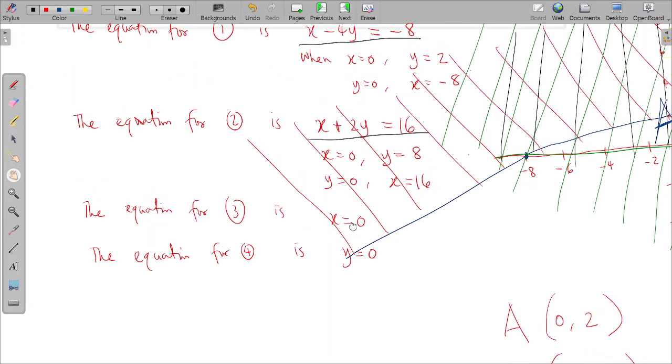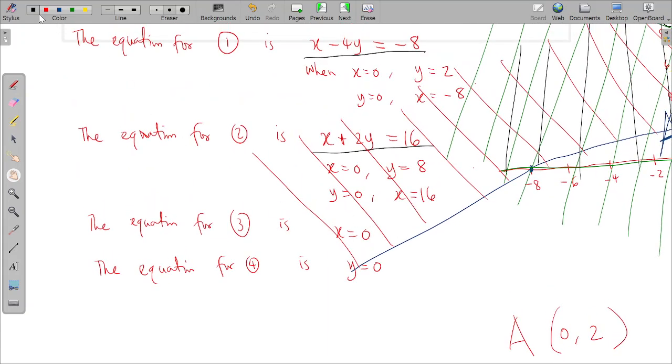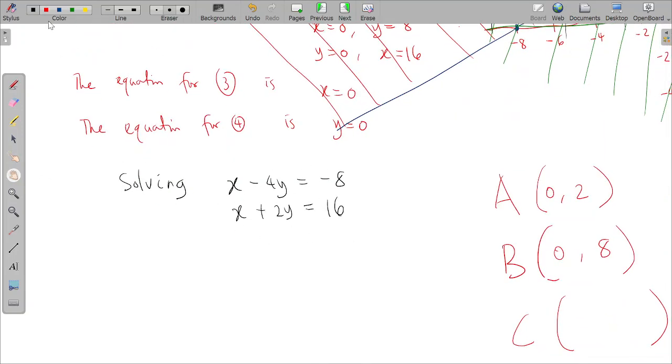So we want to determine the corner point for C by solving x minus 4y equals minus 8, and x plus 2y equals 16.